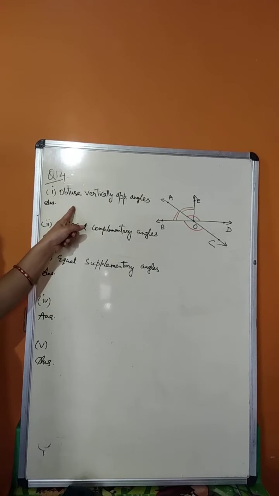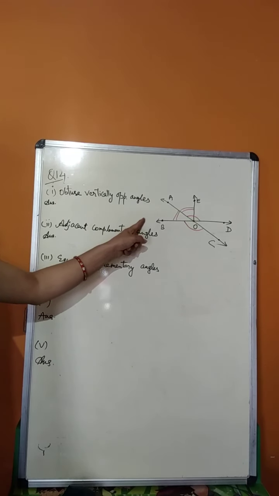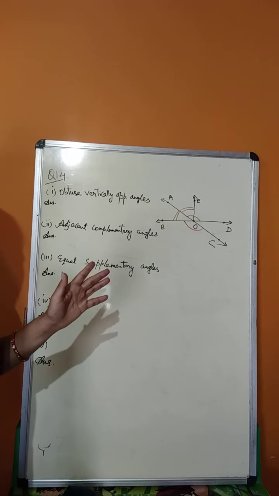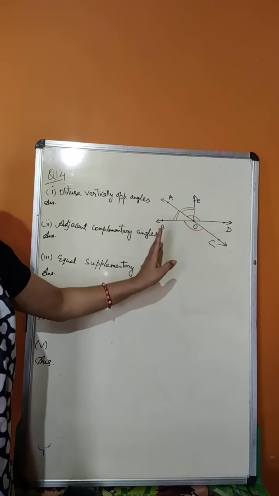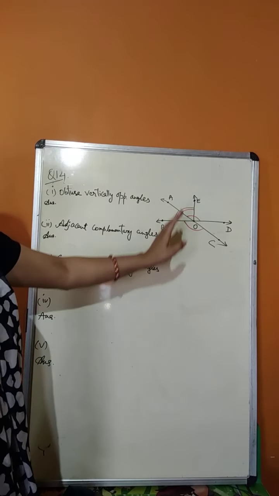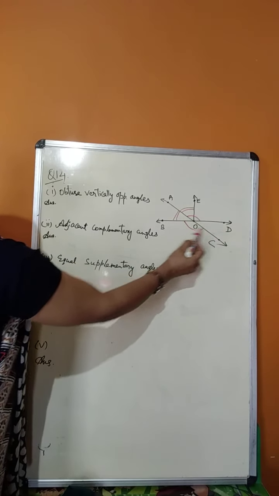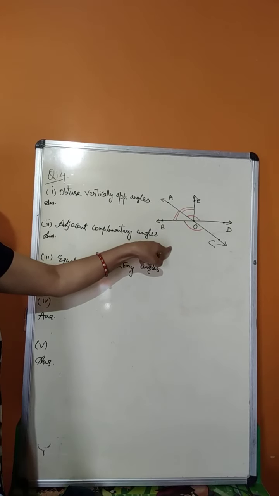Its first part is find the obtuse vertically opposite angles. Obtuse means the angle should be greater than 90 degrees. So here you have to find the vertically opposite angles which are greater than 90 degrees. See here, AOD and BOC are vertically opposite and are obtuse as well.